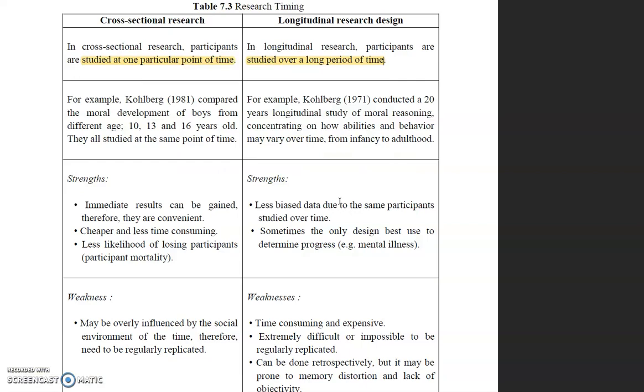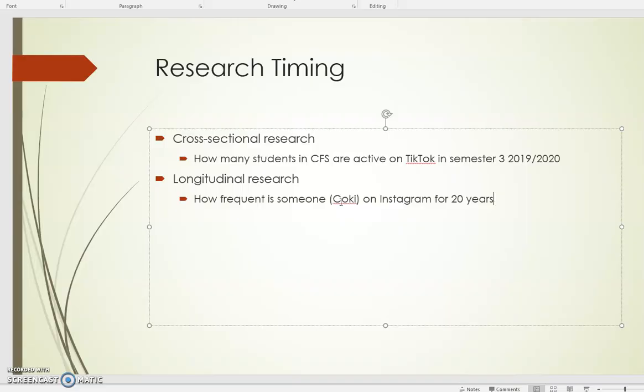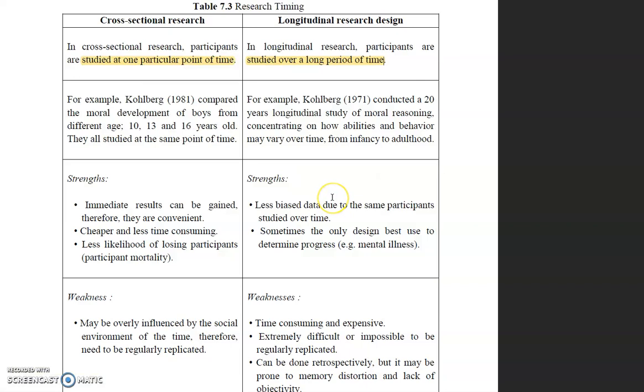And sometimes it's the only design best used to determine progress. We're looking at the progress of this person here. Most of the time, it's the only research design used to determine progress.